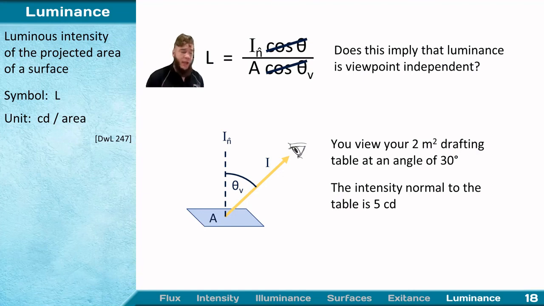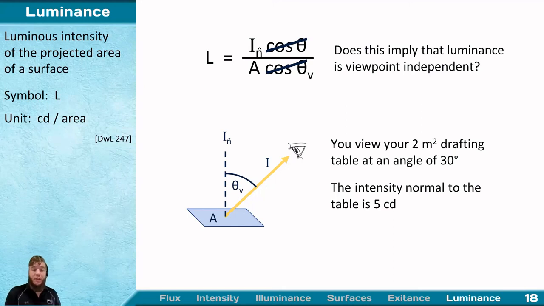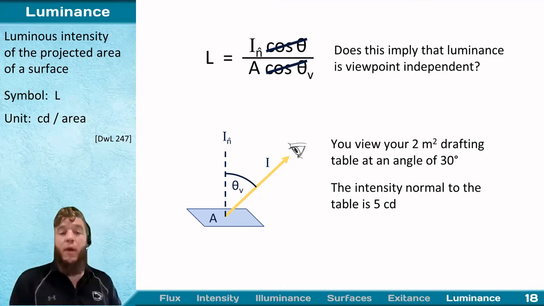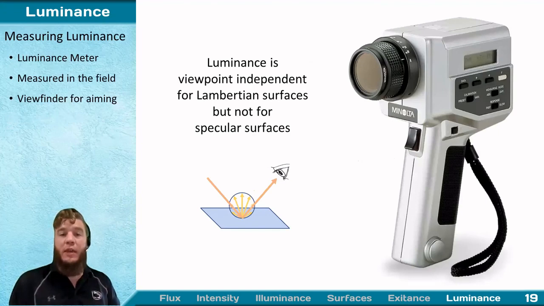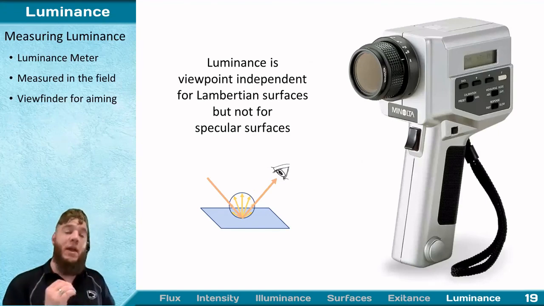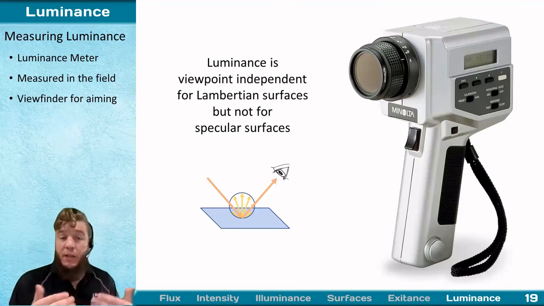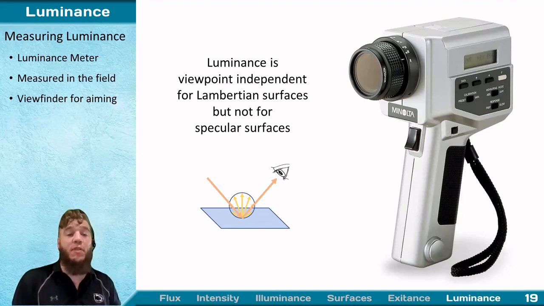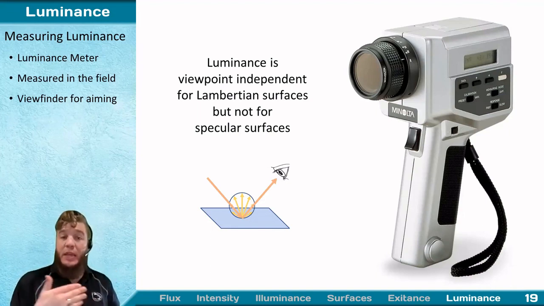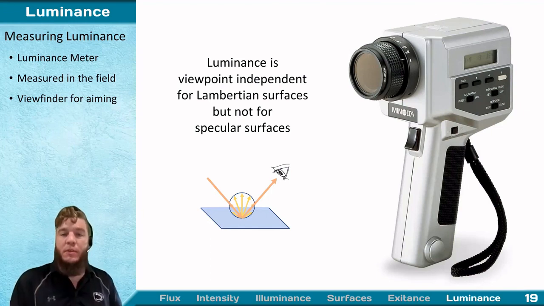And luminance is in fact a measure of the apparent surface brightness of that object. So in that case, luminance is independent of viewpoint, but not necessarily in all cases, because luminance is viewpoint independent for Lambertian surfaces only. For specular surfaces, there are plenty of viewpoints which will have a direct reflection and therefore will be considerably brighter.